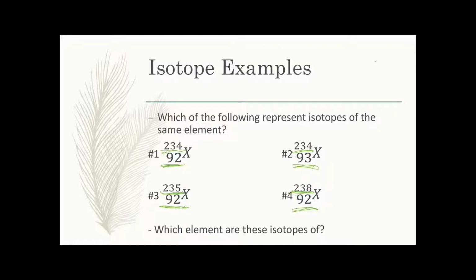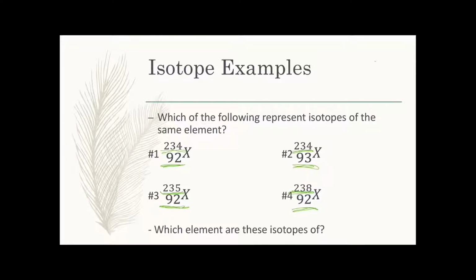All right, so like I've said a couple times now, if it's the same element, the atomic number is not going to change because the protons can never change. And the protons are equal to the atomic number. So the protons never change.